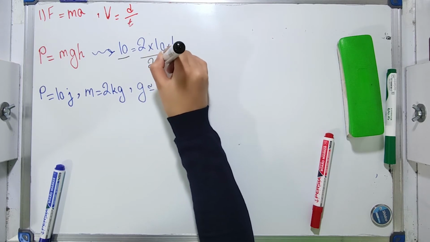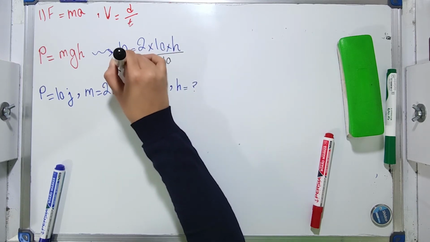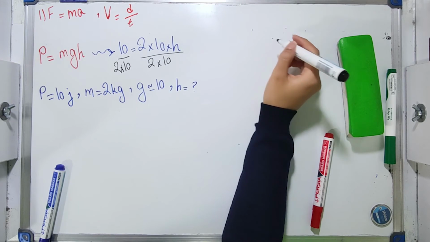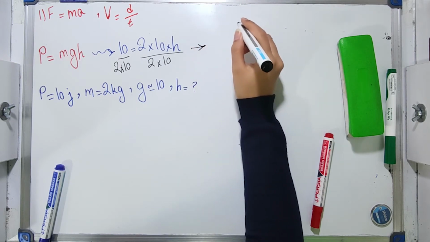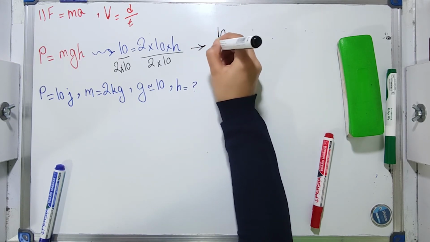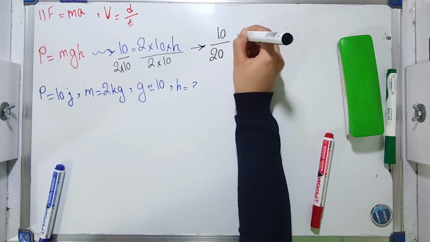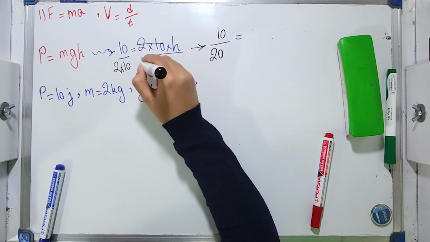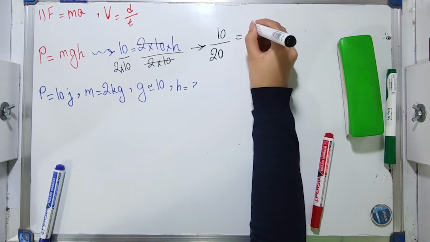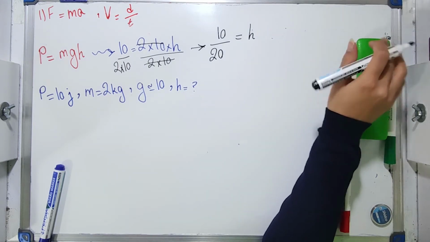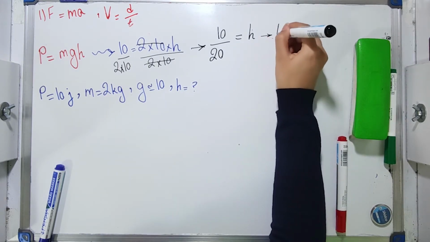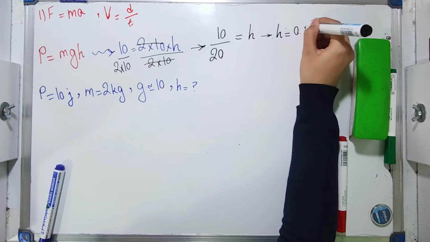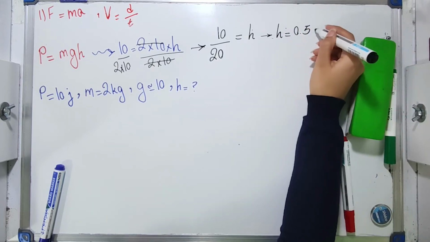Divide by 2 times 10. So it will be 10 over 20, and this side is cancelled, only h is left, or actually h is equal to 0.5 meters.